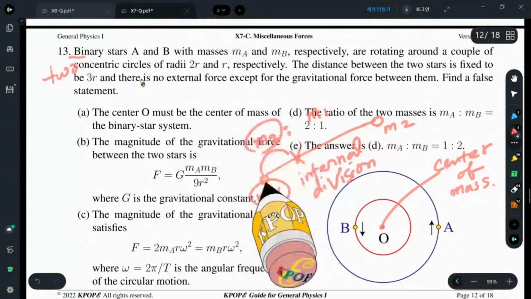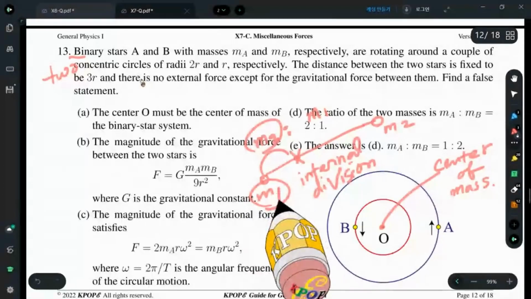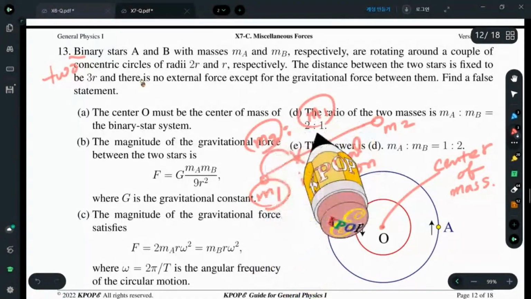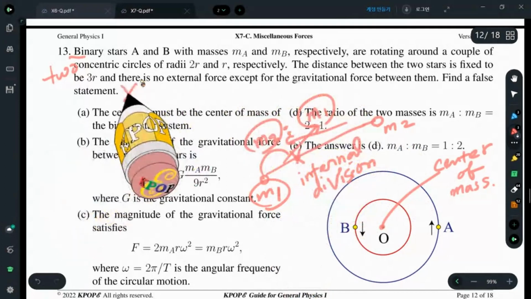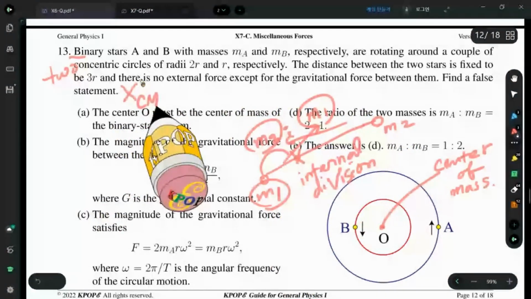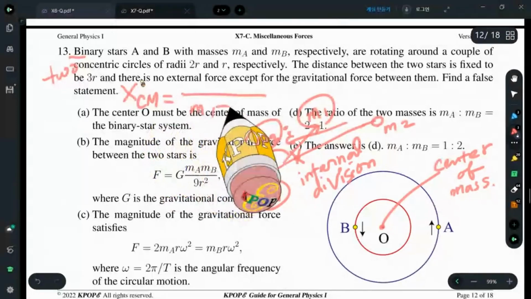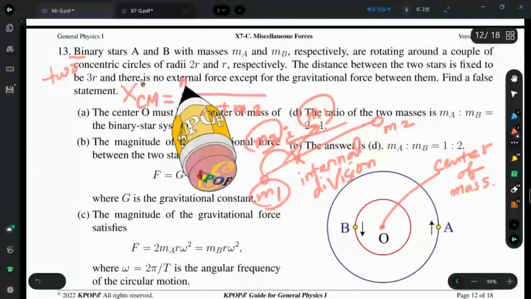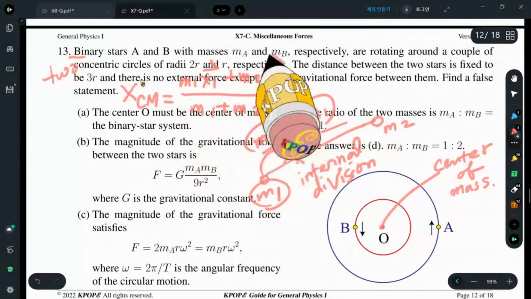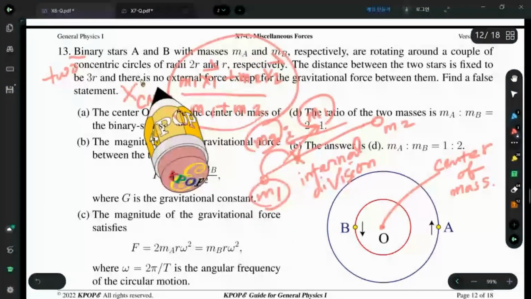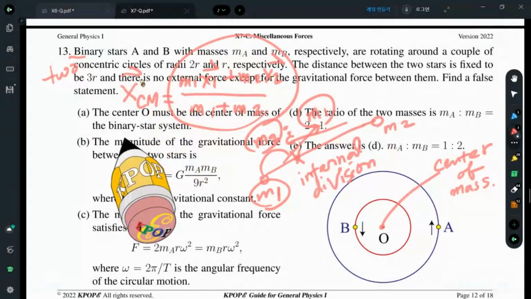It is not M1. If it is M1, the ratio is M2. It is reversed because the center of mass of a two-body system is M1 X1 plus M2 X2 over M1 plus M2. So this is the formula of a center of mass.